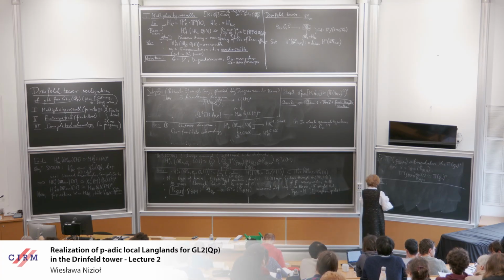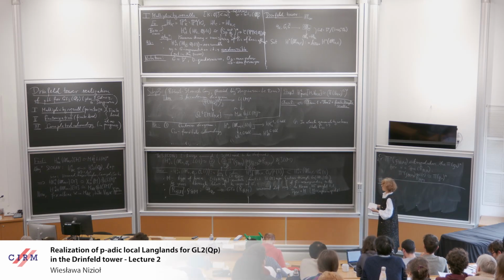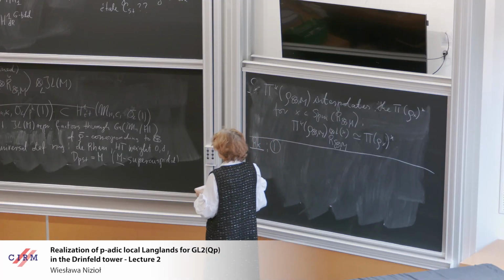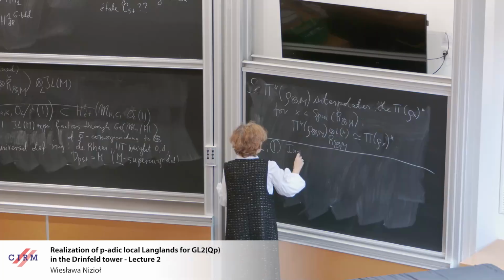Okay, so the remarks I want to make. Of course, this decomposition is inspired by similar decompositions for other types of completed cohomology by Emerton, and there are some analogies which at least to me were helpful.